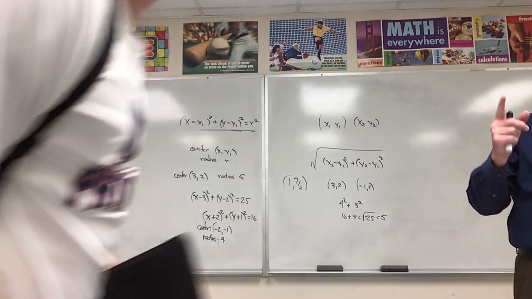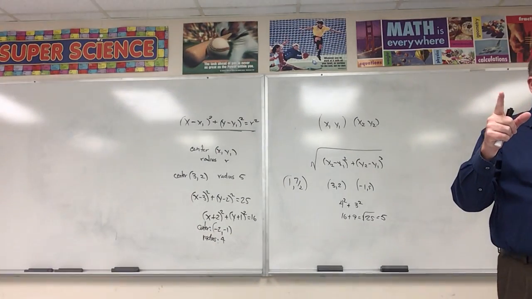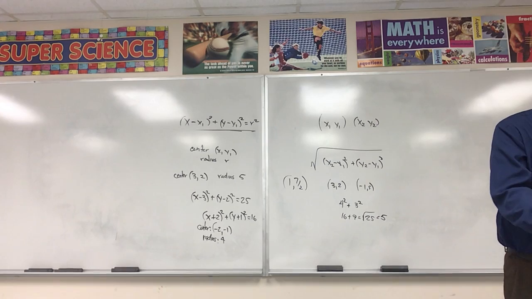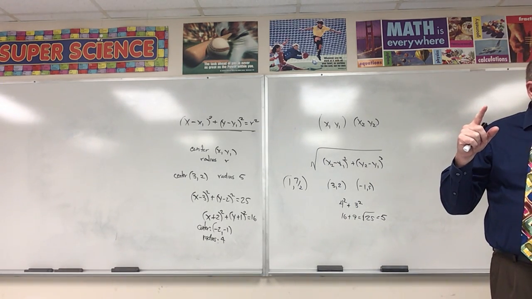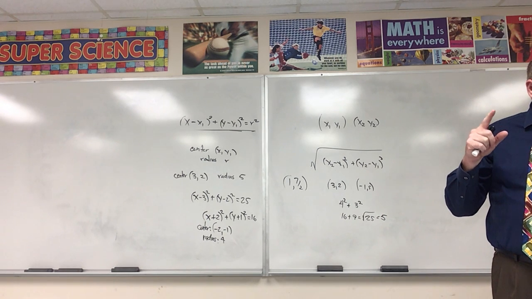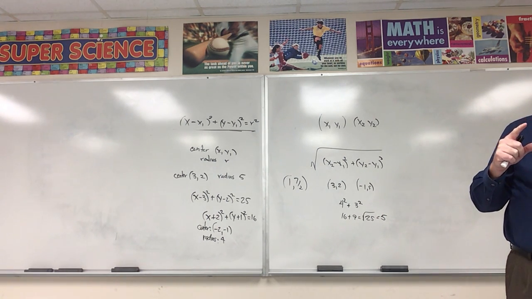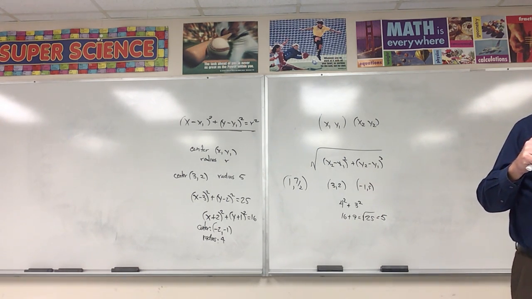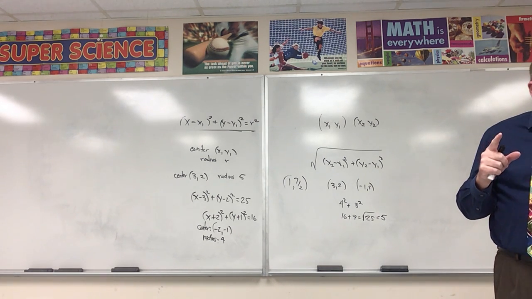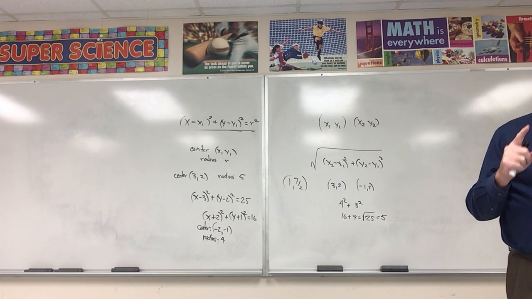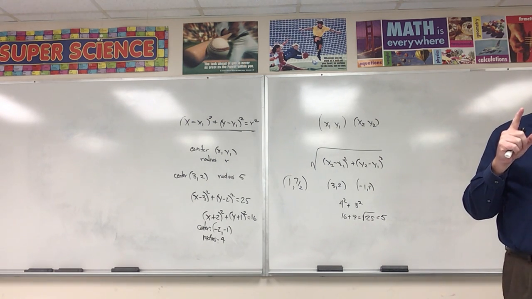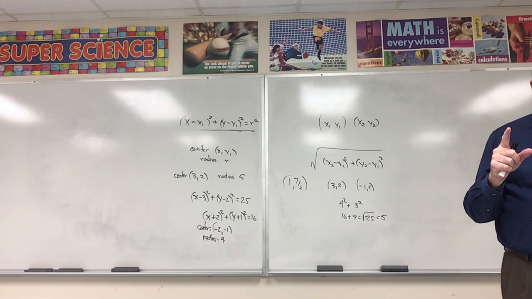All right, your homework real quick is going to be a little bit different. Let me tell you what it is. We are going to do numbers 5 through 27 odd, and numbers 41 through 47 odd.